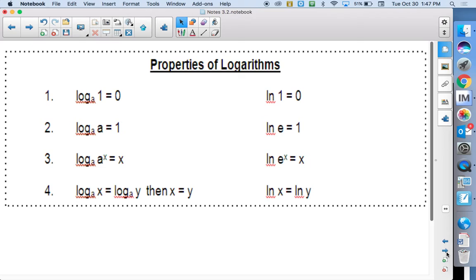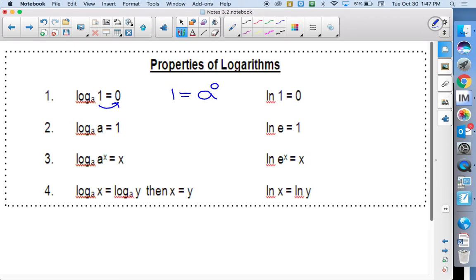So the first property says the log base A, that can be anything. It could be a base of 7, 15, 79, whatever happens to be your favorite number. But the log base A of 1 is always equal to 0. And I want to show you why this is true. Brandon, why is that true? Because if you change the form, 1 equals a to the x.